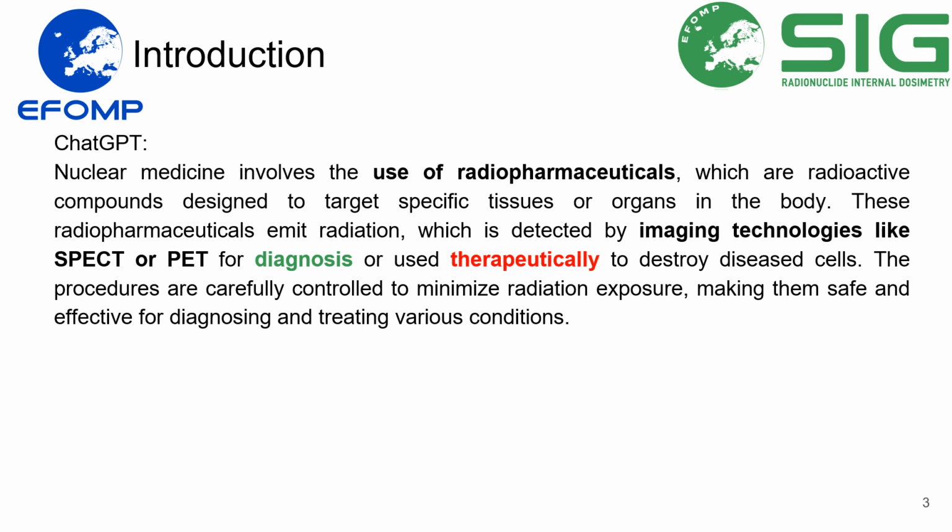These radiopharmaceuticals emit radiation, which is detected by imaging technologies like SPECT or PET for diagnosis, or is used therapeutically to destroy diseased cells. The procedures are carefully controlled to minimize radiation exposure, making them safe and effective for diagnosing and treating various conditions.